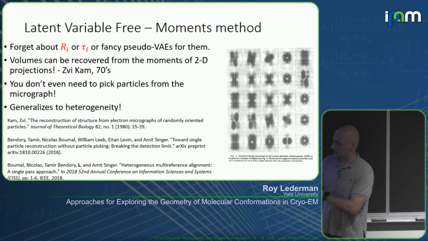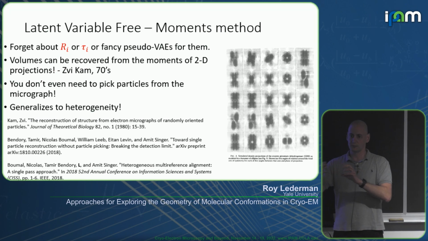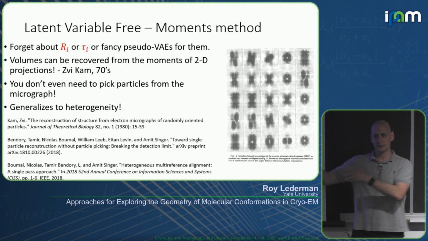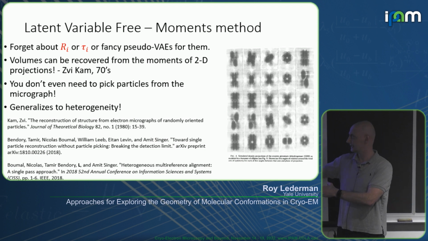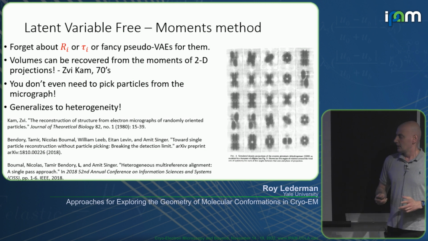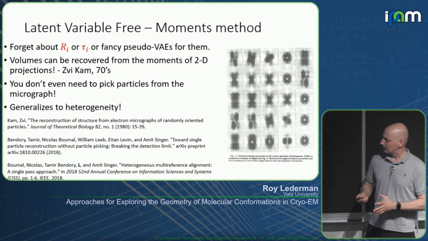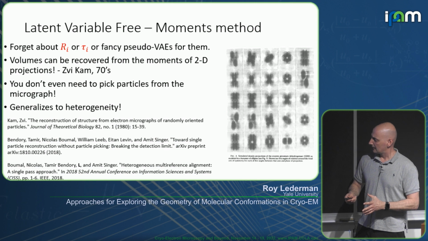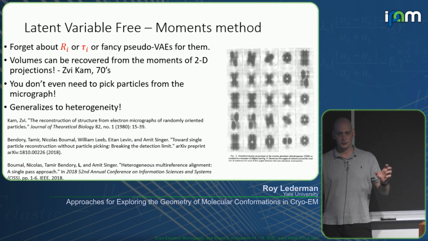So that's one approach that's based on matching the moments of our model to the moments that we observe in our experiments. So it's kind of trying to match the distributions.